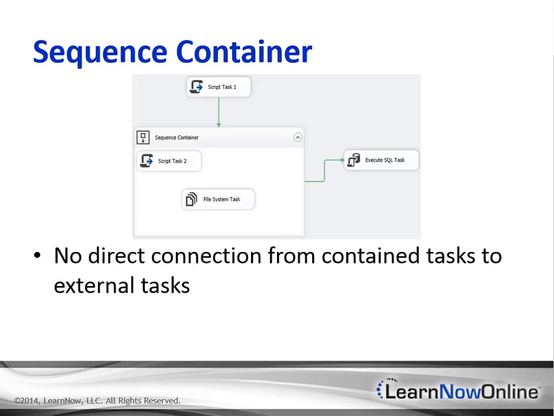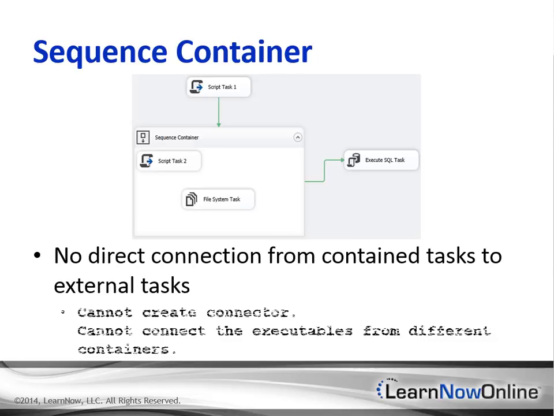All connections to tasks outside the container have to use the precedence constraint that comes out of the sequence container, not the individual tasks. But if you do try to do that, such as a precedence constraint from the file system task to the Execute SQL task, you'll get this error: "Cannot create connector, cannot connect the executables from different containers." Okay, a little bit misleading error message, but it really does say what the problem is.